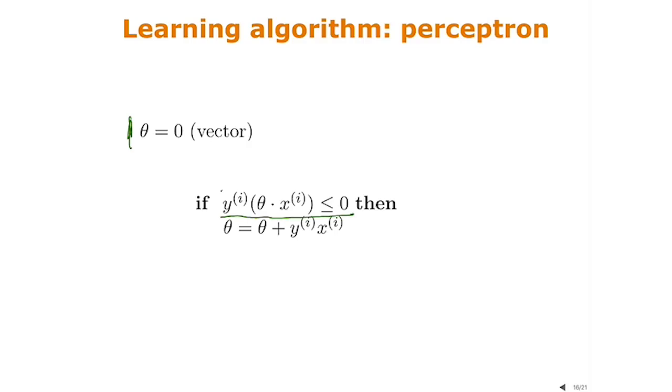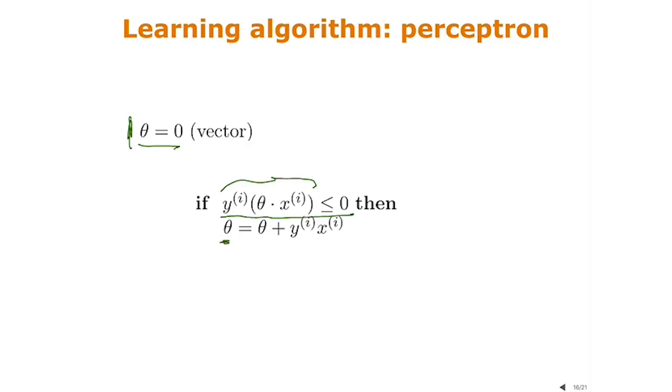If this product here is 0 or negative, then the linear classifier makes an error. So if there is an error, then we update the parameters to correct for that error. And since the parameter vector is 0, this product is 0 initially, so the first example is always considered an error.